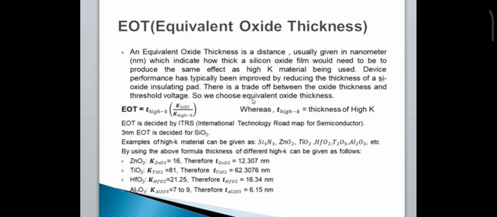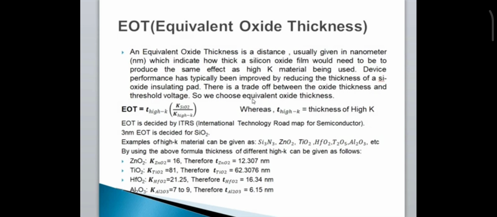By using the above formula, the thickness of different high-K materials can be calculated. For ZrO2 material having dielectric constant 60, EOT by using the above formula is 12.307 nanometer. For TiO2 material having dielectric constant 81, equivalent oxide thickness is 62.3076 nanometer.